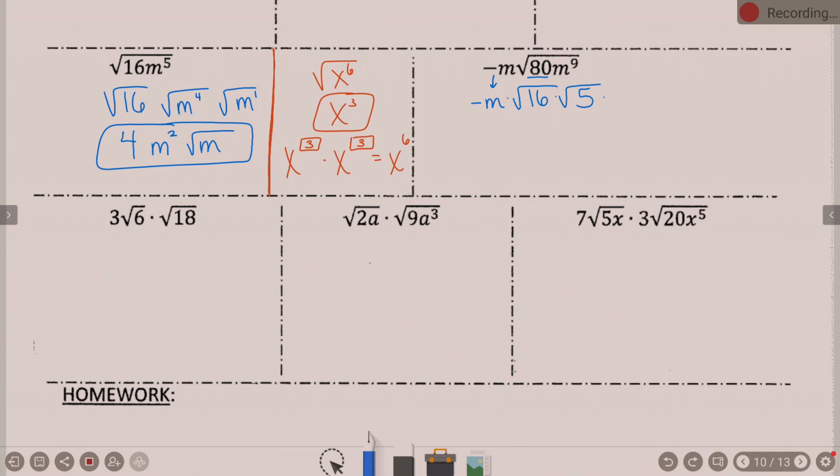So m to the 9th as is does not work, because it's odd. I can't take 9 and divide it by 2. So what is the closest number below 9? We're going to say m to the 8th. So I've got the square root of m to the 8th, times the square root of m to the 1st.